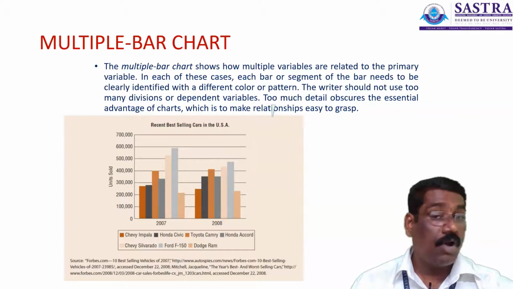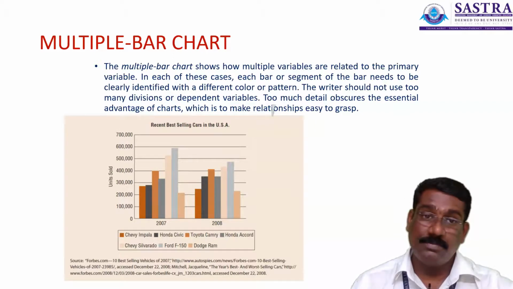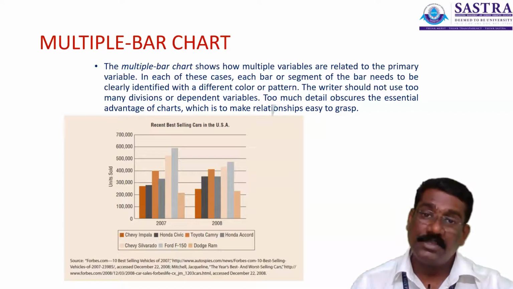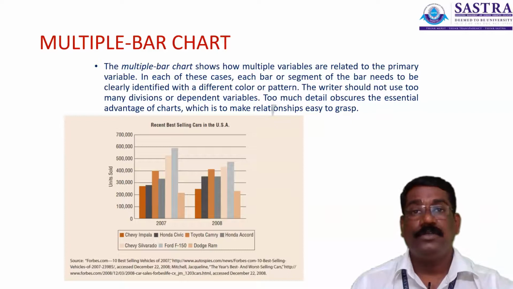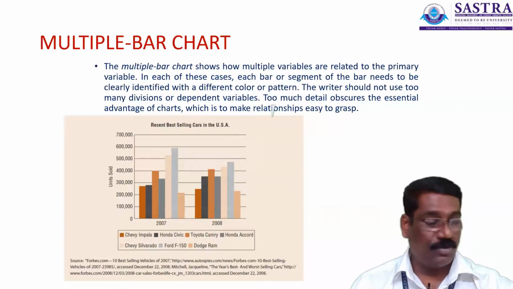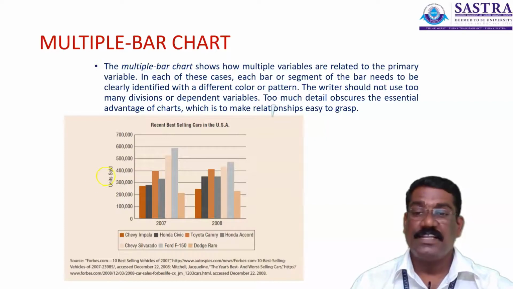The writer should not use too many divisions or dependent variables. Too much detail obscures the essential advantage of charts, which is to make a relationship easy to grasp. So hope you guys will use this format for your research report presentation.